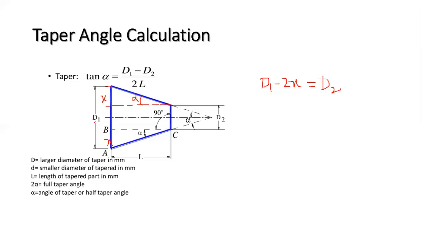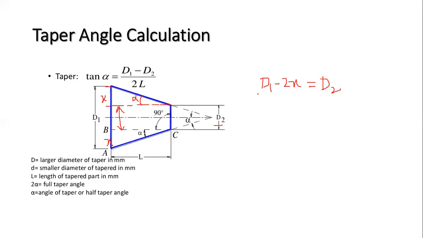From D1, if we deduct these two lengths, this portion and this portion, we get this intermediate section, which is equal to the final dia D2.